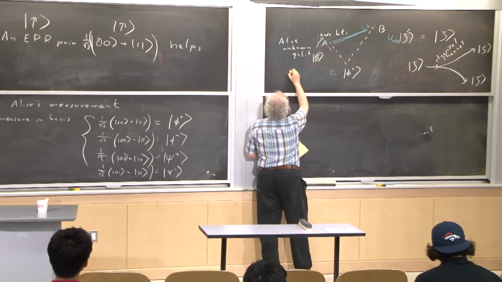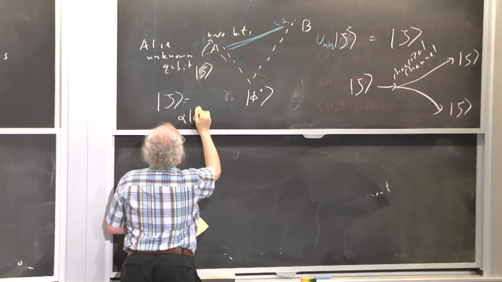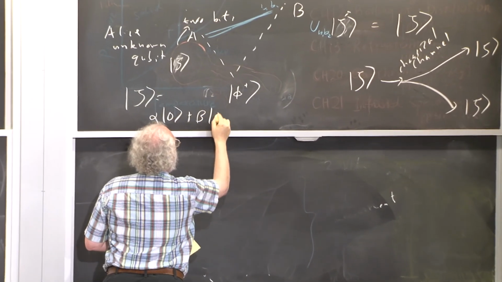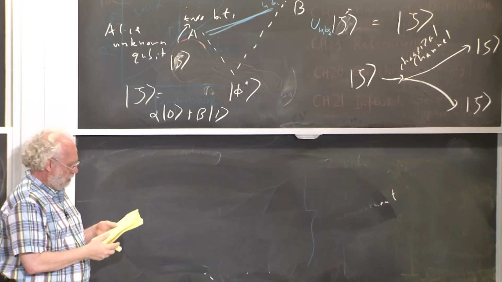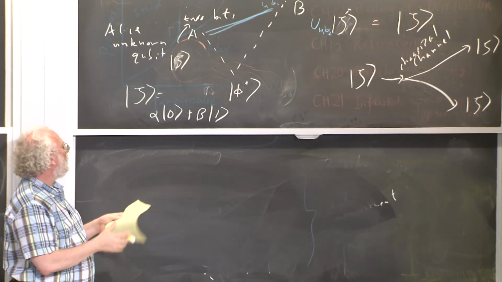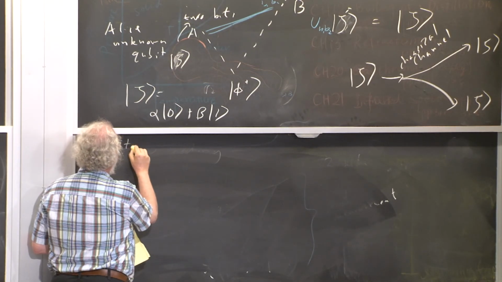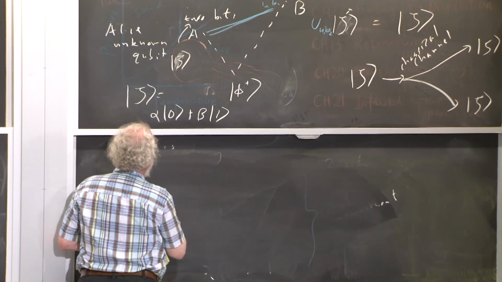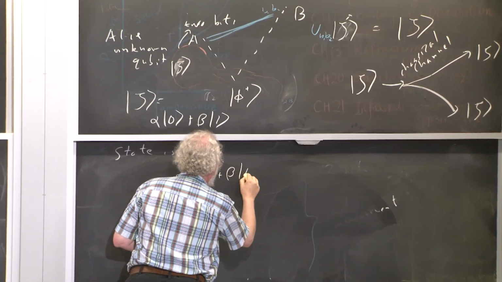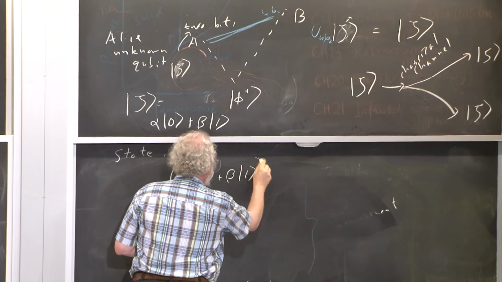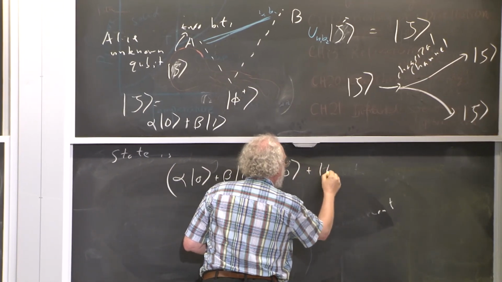So let's say zeta is equal to alpha 0 plus beta 1, where alpha and beta can be any complex numbers whose squares sum to 1. So the state is alpha 0 plus beta 1, times 0, 0 plus 1, 1.